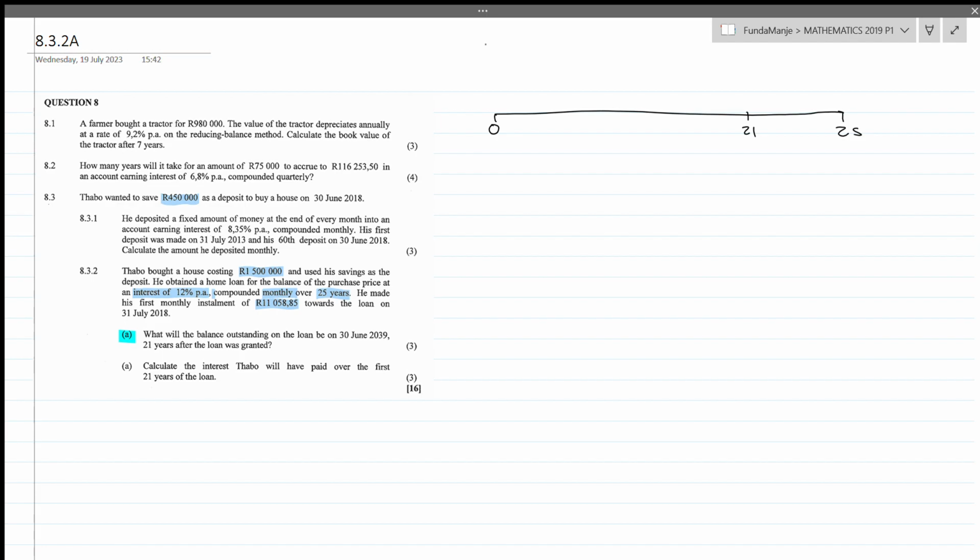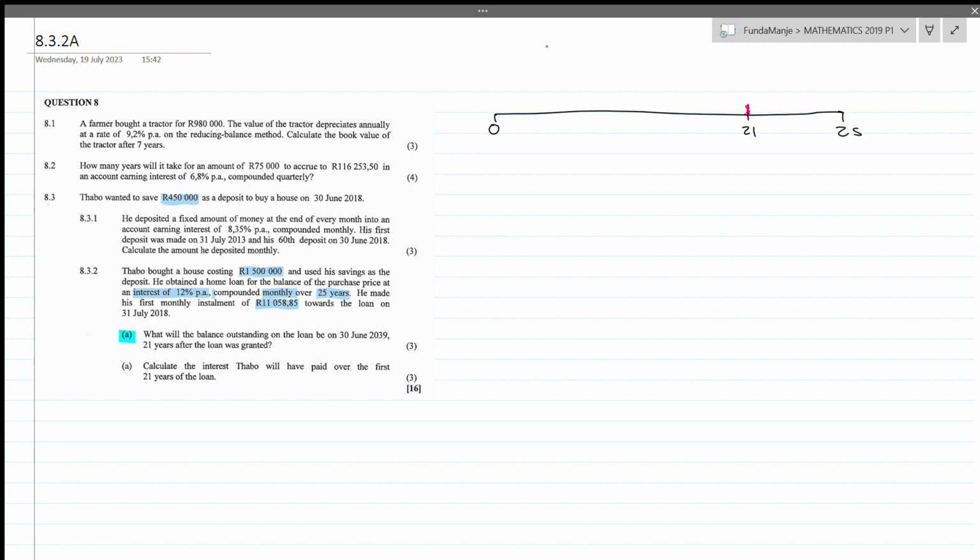Now this problem, you can solve it two different ways. First of all, there's one direct formula that you can use. We've used the future value formula, but there's also the present value formula. With the present value formula, it tells you at a specific point in time how much you still owe, how much you still have to pay.